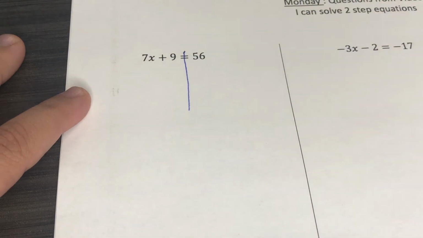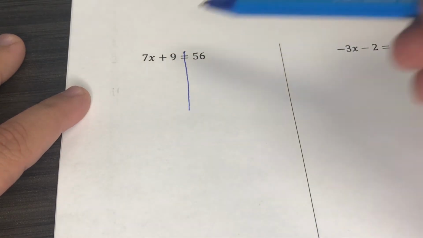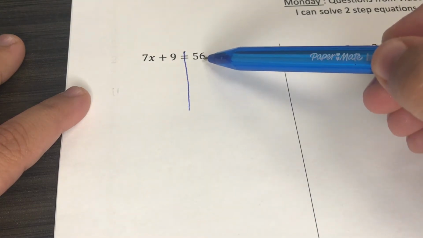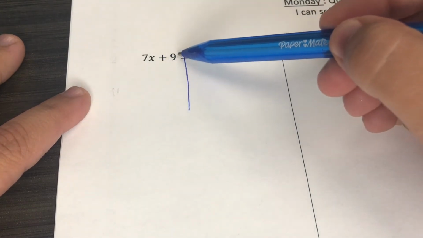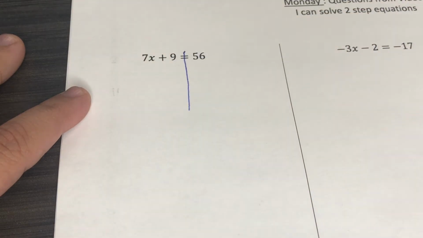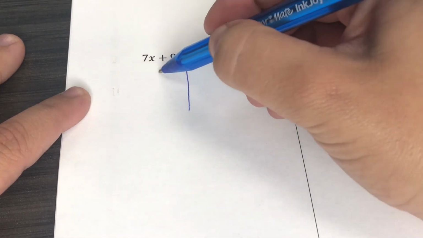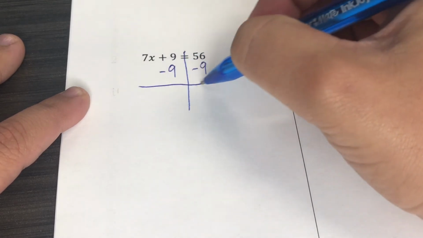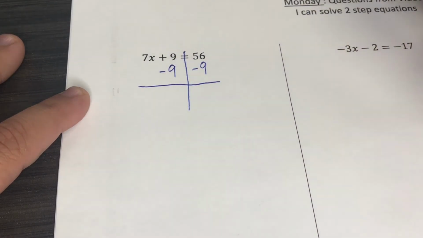We are going to use our inverse operation to move plus 9 to the other side of the equation. So the opposite operation or inverse operation of a plus 9 is a minus 9. So we're using our subtraction property of equality to subtract 9 on both sides of the equation.